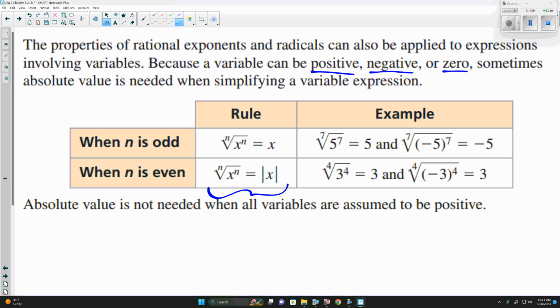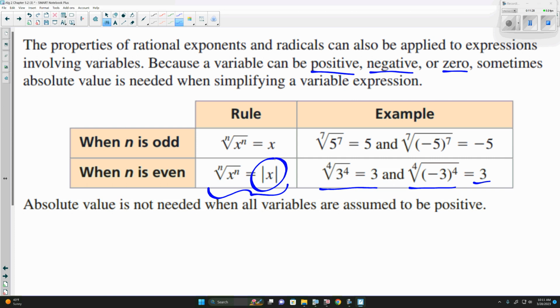Because here, the fourth root of 3 to the fourth is 3. The fourth root of negative 3 to the fourth is still 3. So if we take the even root of an even power, we have to add the absolute values to those variables to offset that sign change.